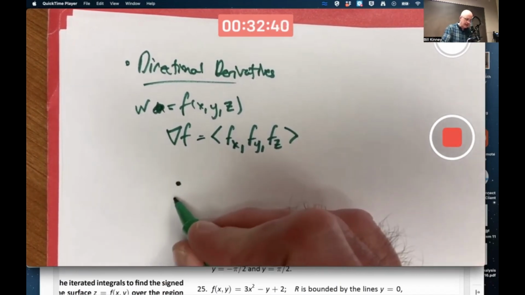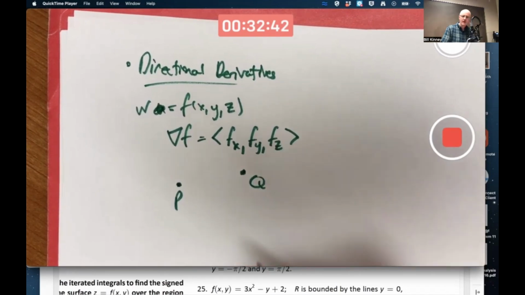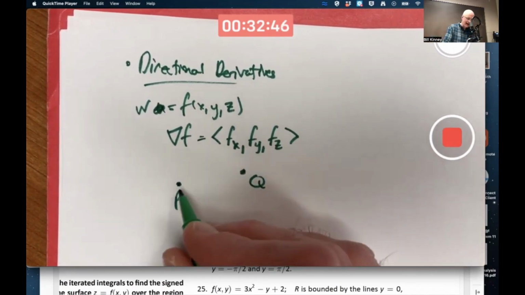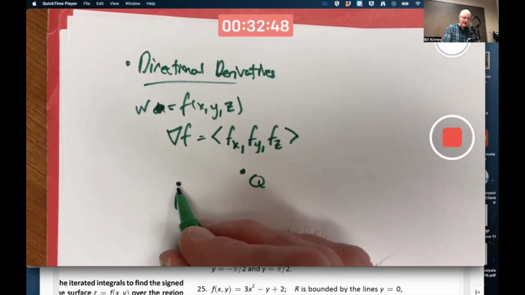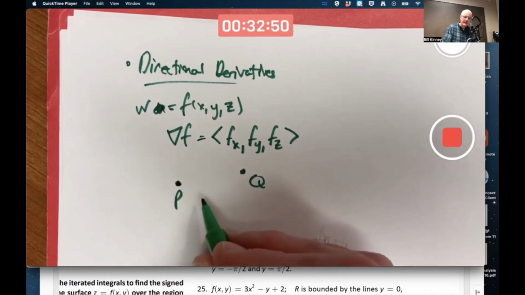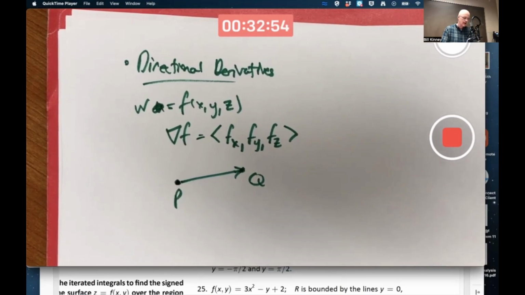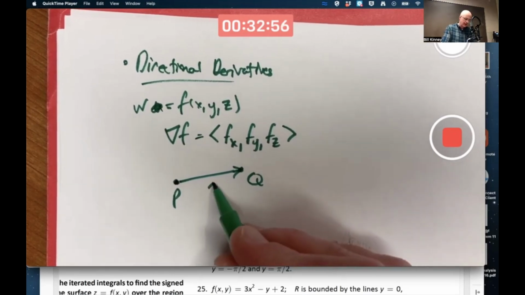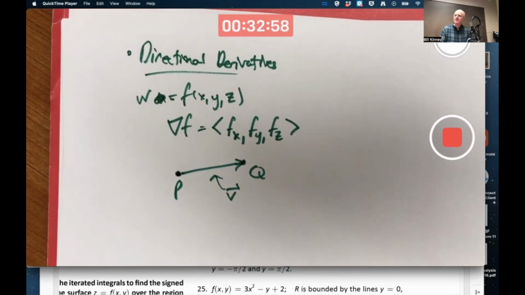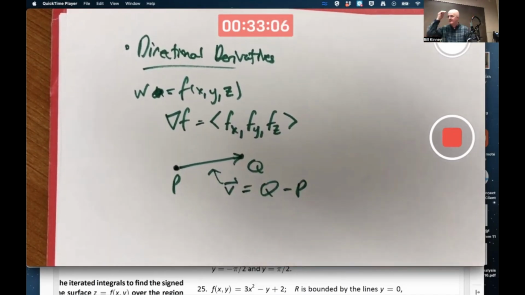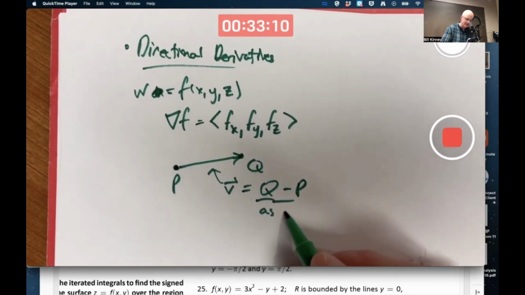You could have a point P and another point Q, and these could be in 3 dimensions. And you might be asked to find the directional derivative at the point P in the direction from P to Q. You'd want to first figure out the displacement vector from P to Q, effectively by subtracting coordinates, Q minus P, as a vector.